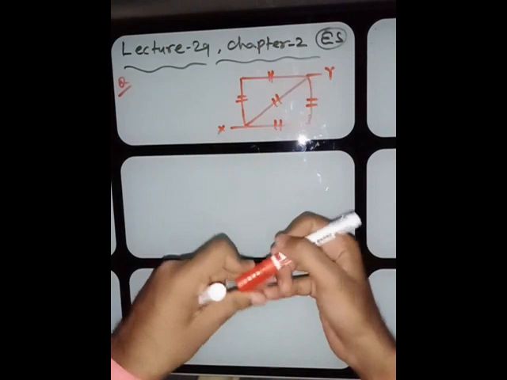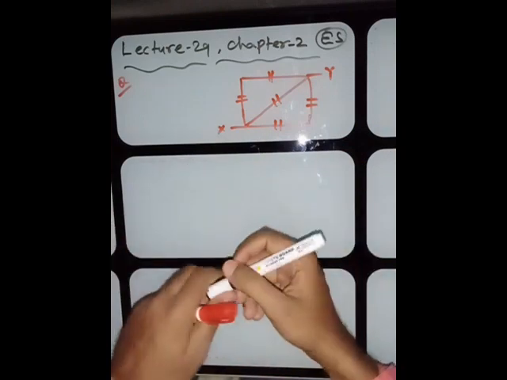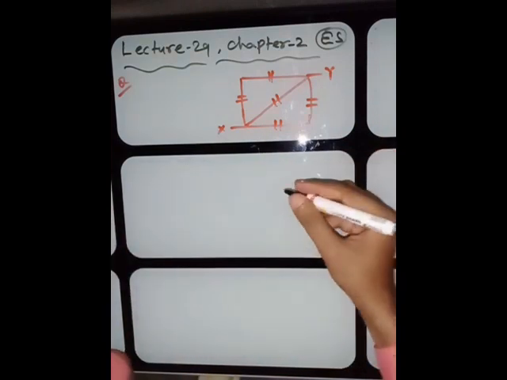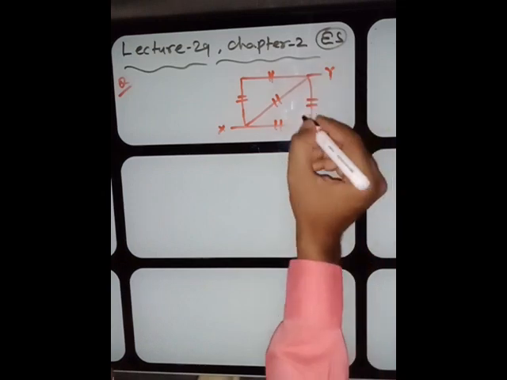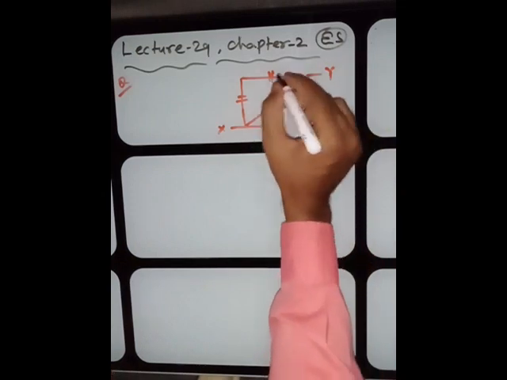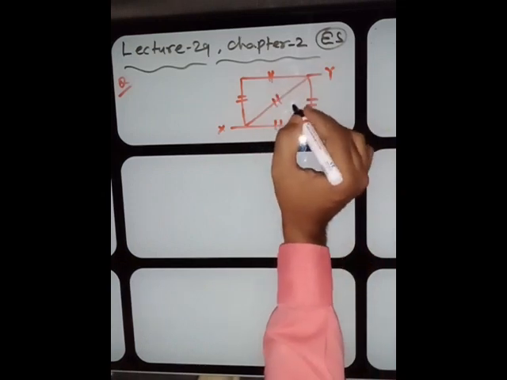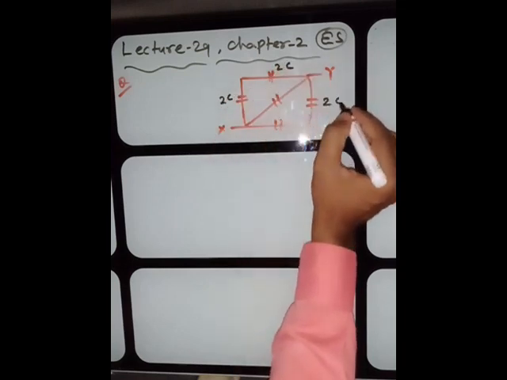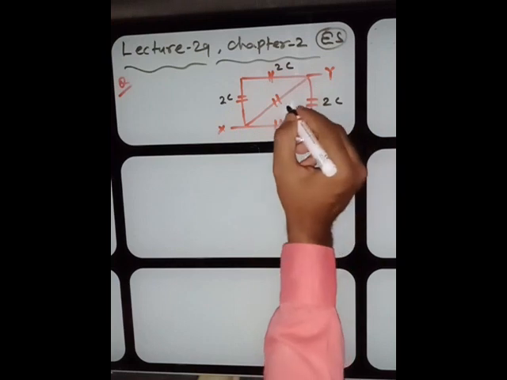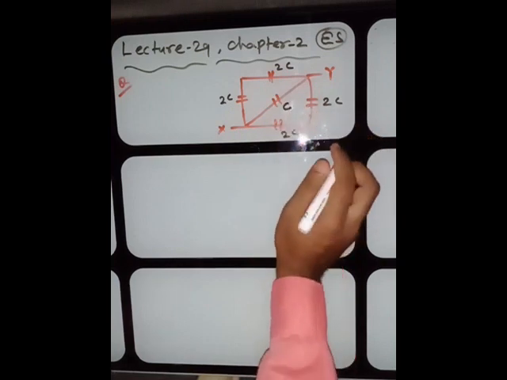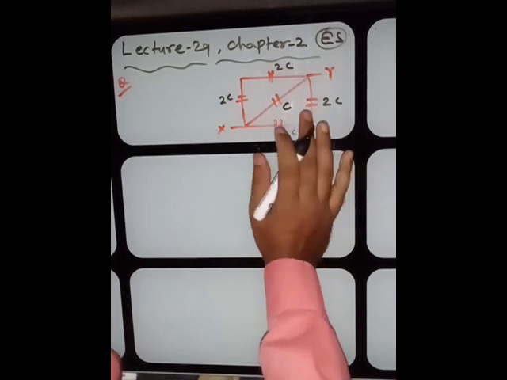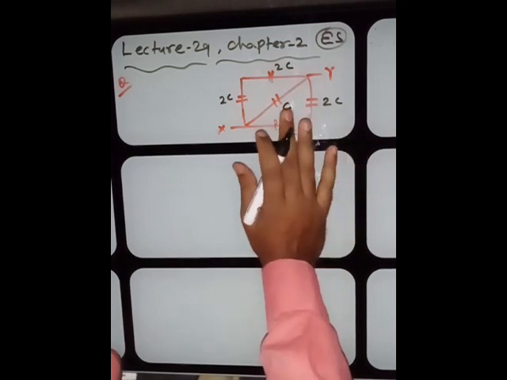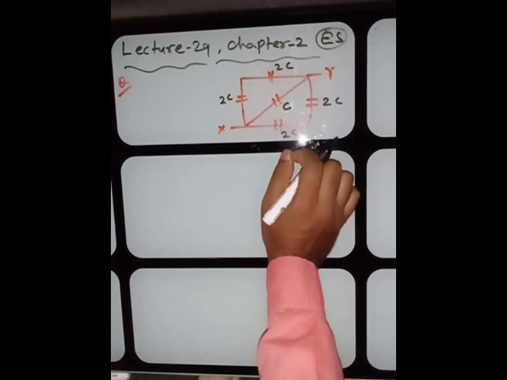The aim of this question is only to enable you to see the series and parallel capacitors in the network. Here it is 2C, 2C, 2C, 2C, and this is, suppose, C. You have to find the equivalent capacitance of this network first.